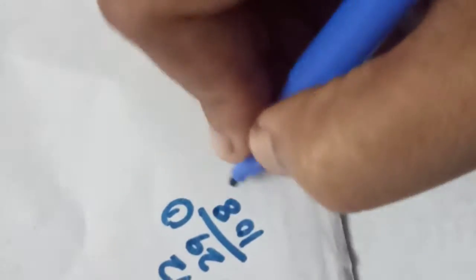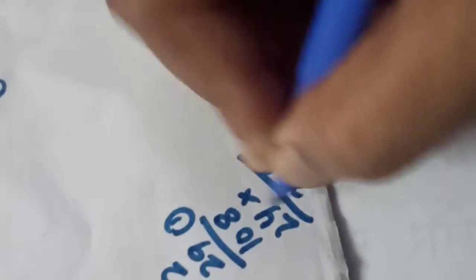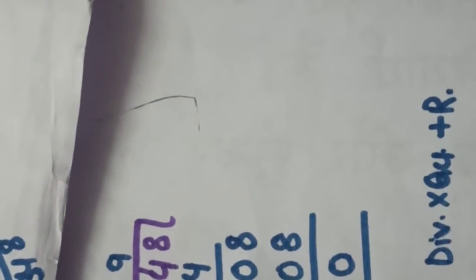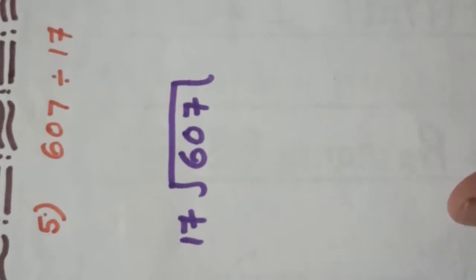Now let us multiply these two numbers, 12 into 29. 9 twos are 18, 9 ones are 9 plus 1, 10, then 2 twos are 4 and 2 ones are 2. 843. Is this the same number that we have over here? Yes. So it means our division part is also correct. Now students, this fifth part you all will try to do by yourself.